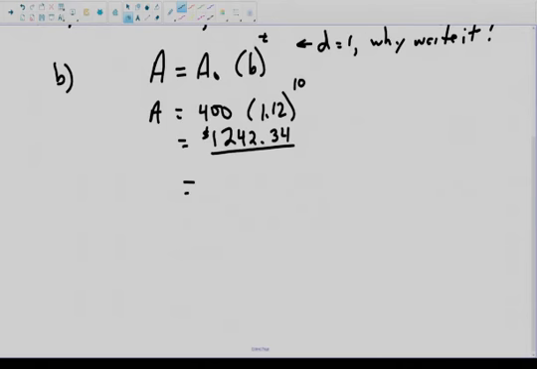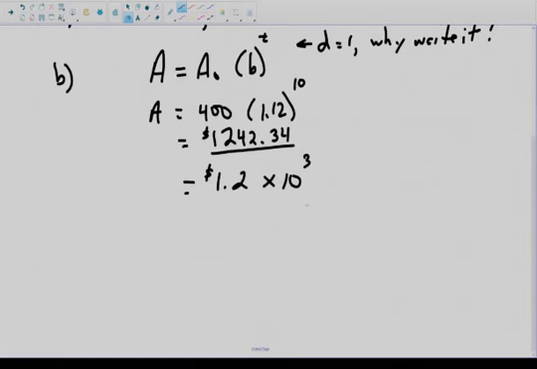This is only supposed to have 2 digits, and this is what you're going to have to think about in science when you do significant digits, okay? My answer can't be more precise than the numbers I used to create it. So the correct way to answer this would be 1.2 times 10 to the 3 dollars. Technically speaking, that's the correct way of writing that answer, and that's why you're going to need scientific notation.